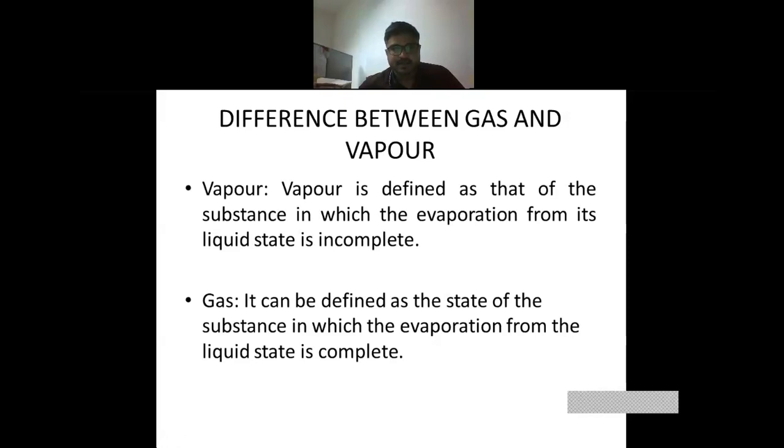These are known as gases because we cannot find liquid particles of nitrogen, oxygen, or hydrogen at normal temperature. Clear? Although at lower temperature we can find the liquid particles of nitrogen also, in our normal condition we cannot, because it is complete evaporation.